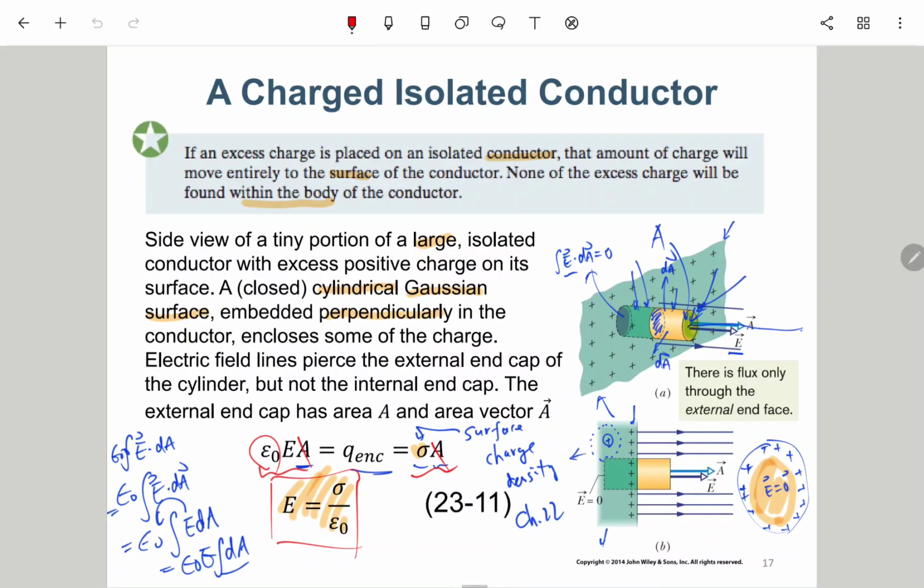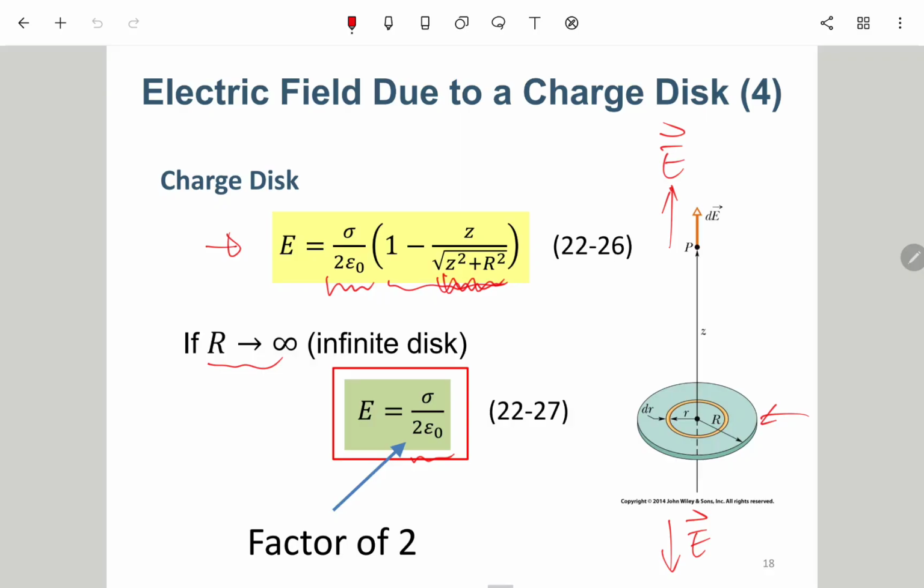But here we assume that this conductor is infinitely large, so it only generates the E field on the right side. So this is double. This is sigma over epsilon naught, and this is sigma over epsilon naught also divided by 2. This is only half, because half of the E field goes to the top side, half goes to the down side.